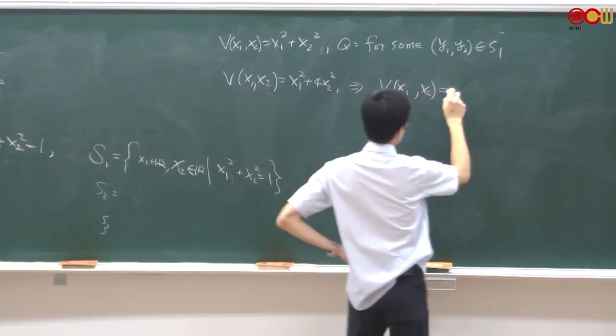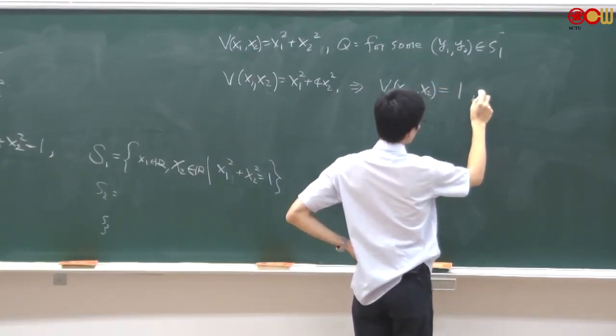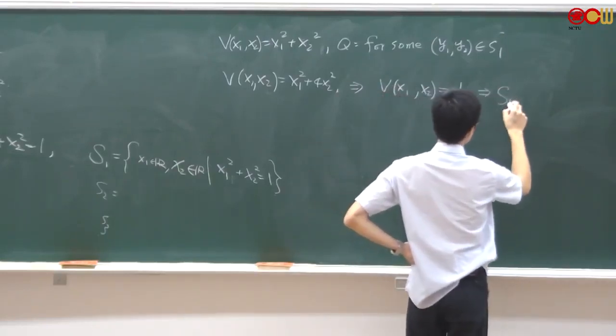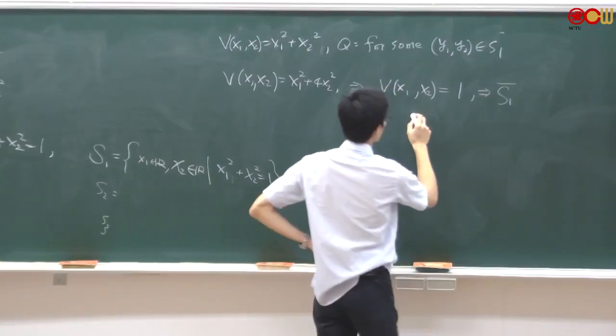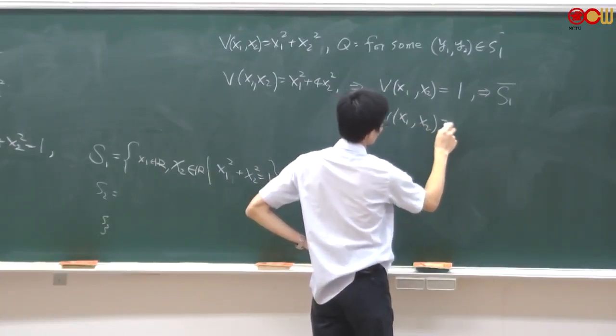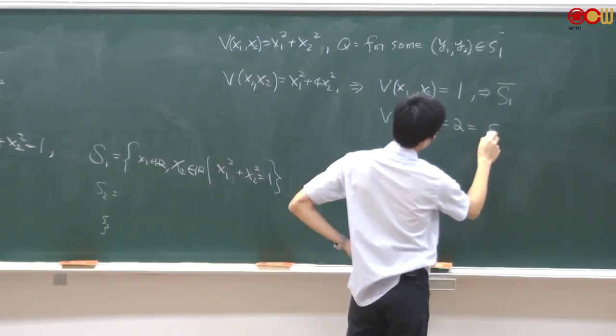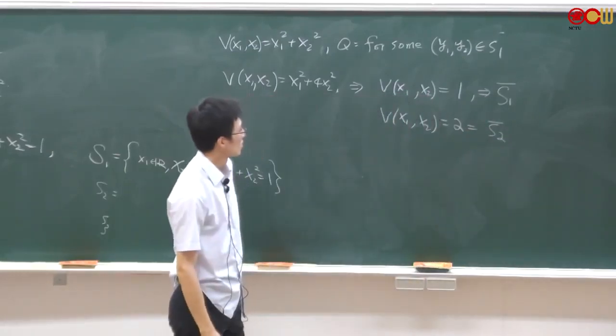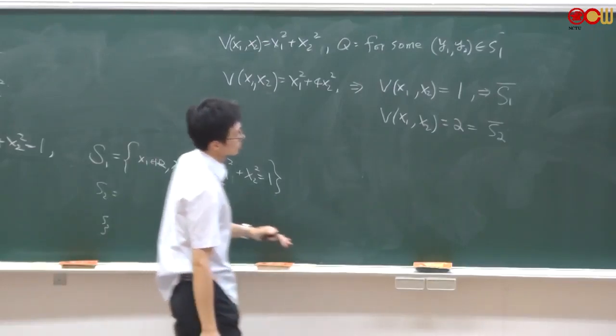Let's define a level set S1 where V(x1, x2) equals 1, and a level set S2 where V(x1, x2) equals 2. The definition is the same.